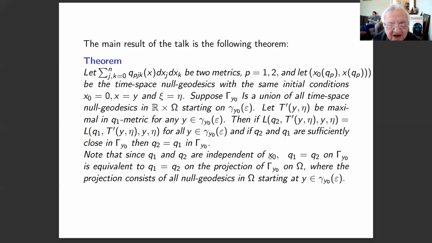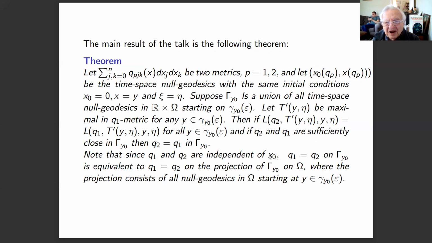So once again, I want to clarify this formulation of the theorem. T prime of y, eta is maximal in the Q_1 metric for any y belonging to Gamma_0(epsilon).